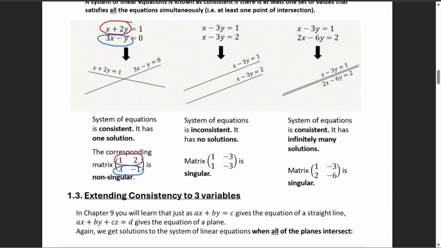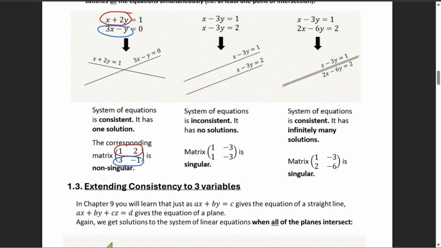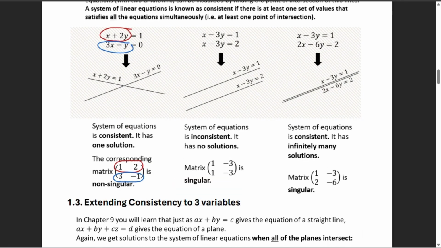So they are inconsistent, meaning they have no solutions. That matrix is singular because, as I said, it doesn't have an inverse, because it doesn't intersect at one point. Singular gets a bit confusing, but it just means it doesn't have an inverse. So parallel lines will not be consistent. There's no solution that satisfies both of them.